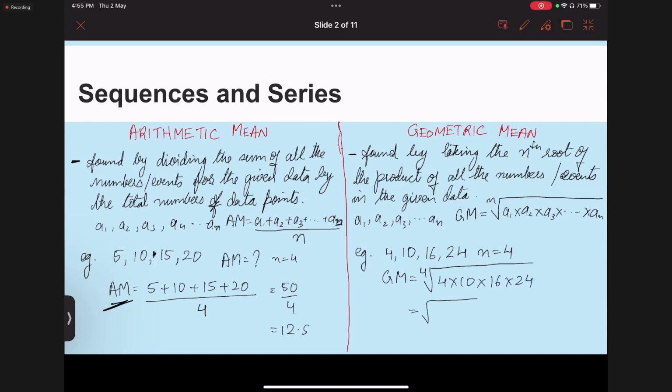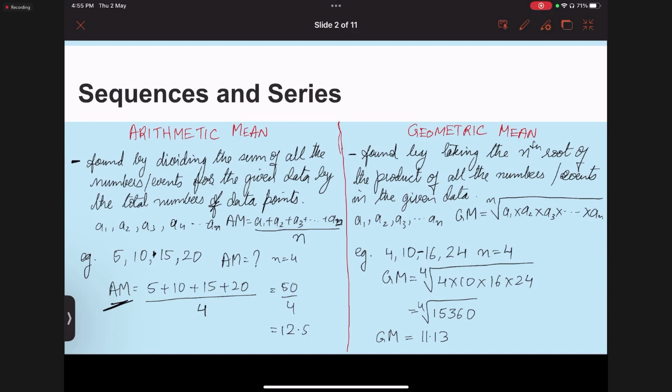This comes out to be 15,360, and therefore the GM that we are going to get over here is about 11. So this lies in between the digits over here.